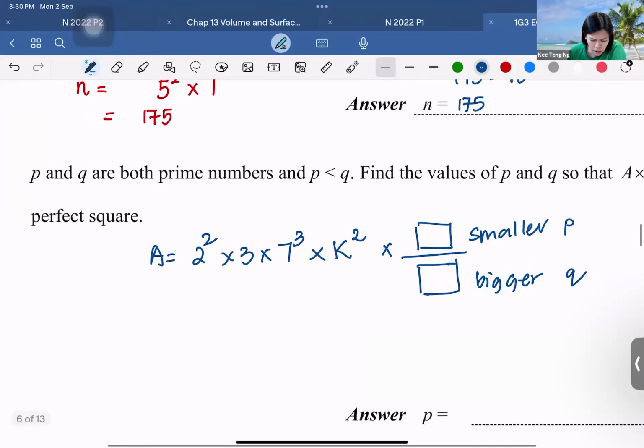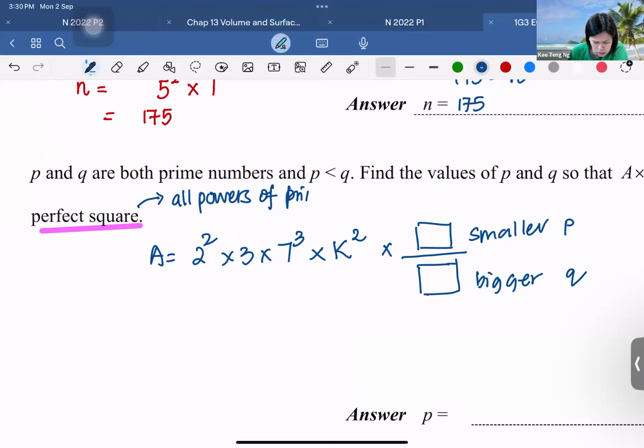What is the meaning of a perfect square? Perfect square means all the powers of prime factors are multiples of 2.